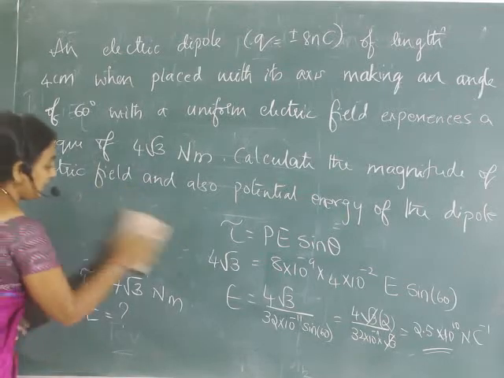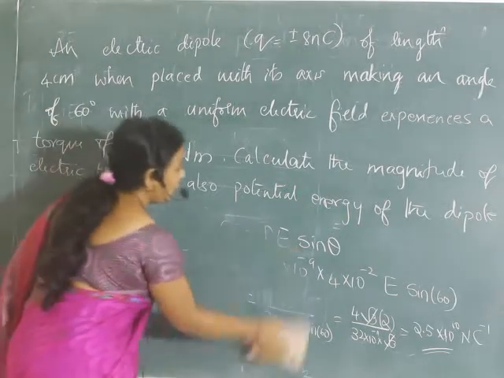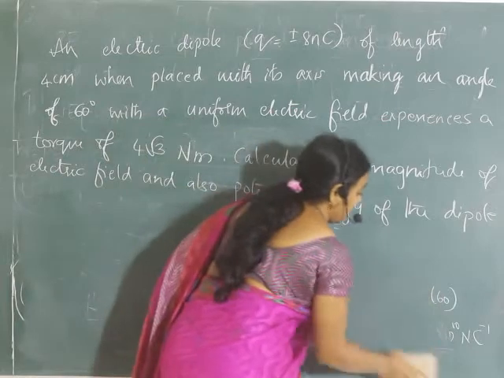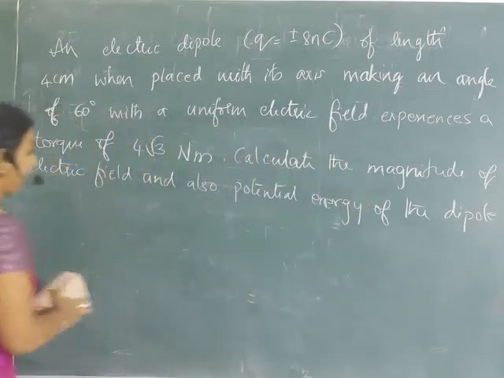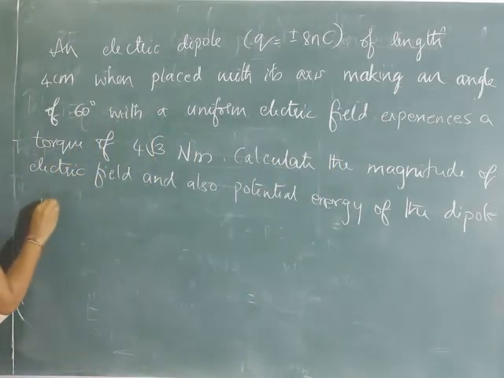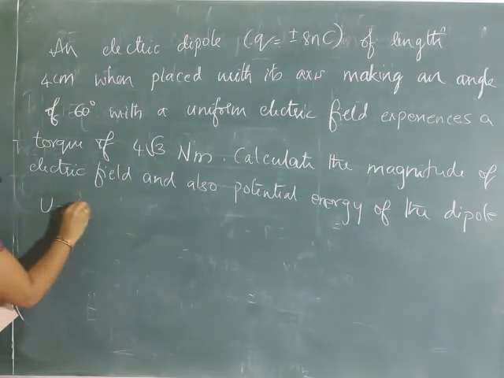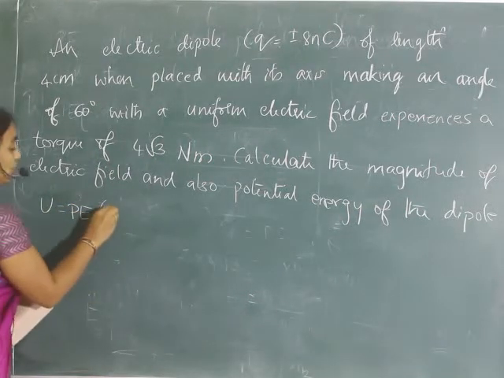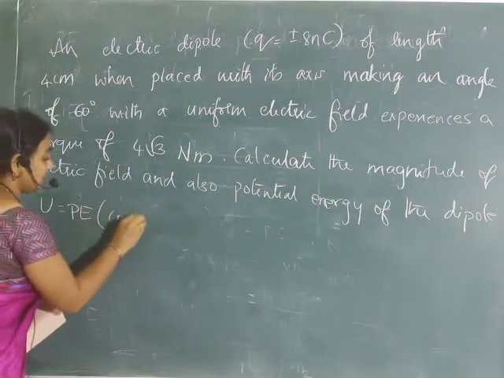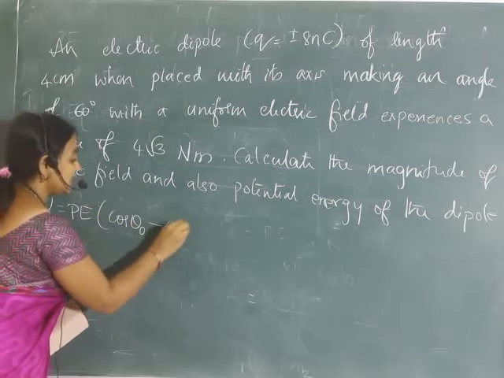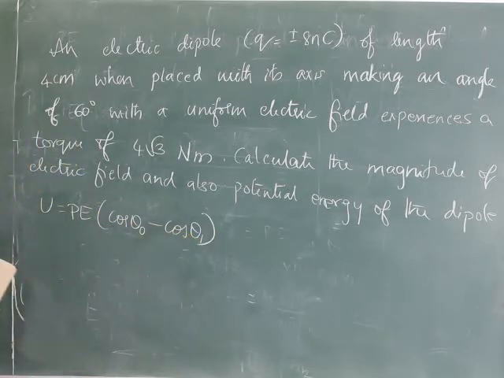Next, you have to calculate what? Potential energy of the dipole. So, potential energy of the dipole is given by the expression PE cos theta naught minus cos theta 1. Correct?